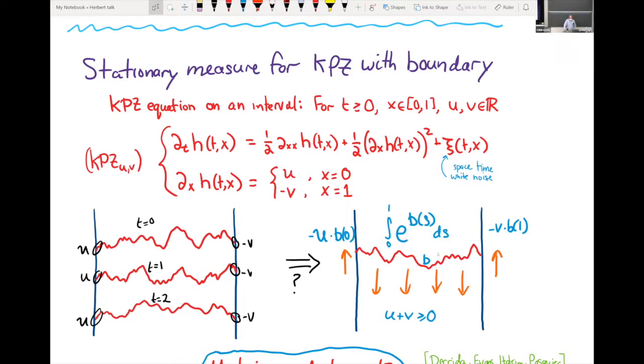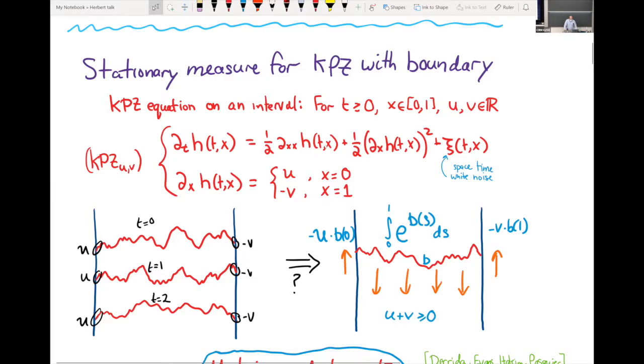So this is a model for stochastic interface growth. The idea, which is illustrated on the left, is that you have some rough interface, and you denote this by h. t is time, x is the one-dimensional space variable. And I'll assume I'm on some finite interval, say 0 to 1. And over time, it will grow or shrink according to this stochastic PDE.